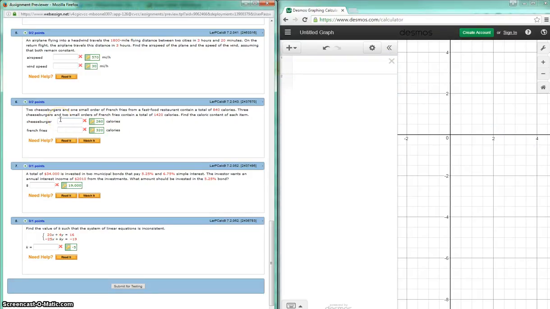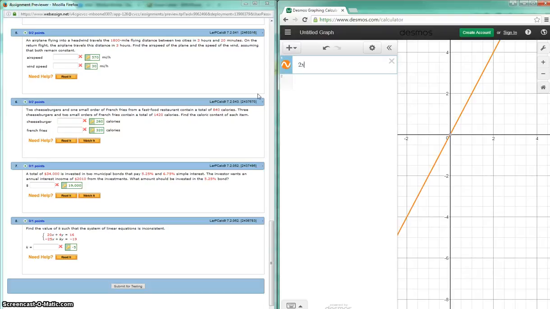So if 2 cheeseburgers and 1 small order of fries from a fast food restaurant contain a total of 840 calories, and 3 cheeseburgers and 2 small orders of fries contain a total of 1420 calories, find the caloric content of each item. We'd have to realize that X is cheeseburgers and Y is French fries.